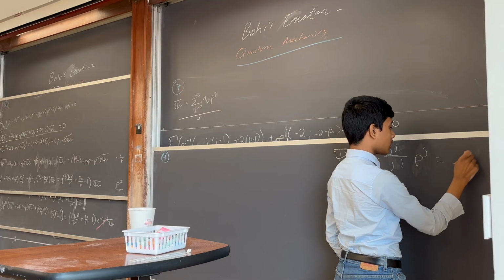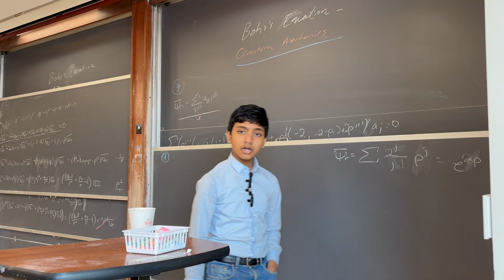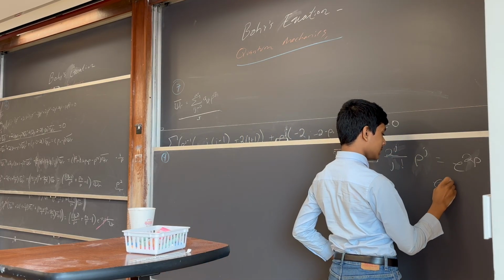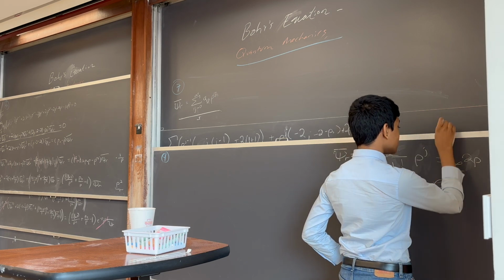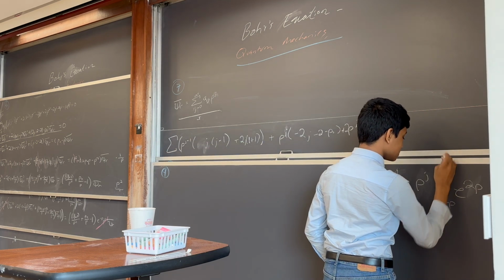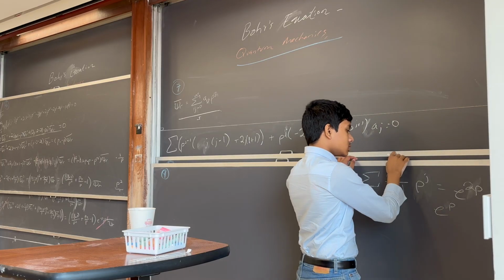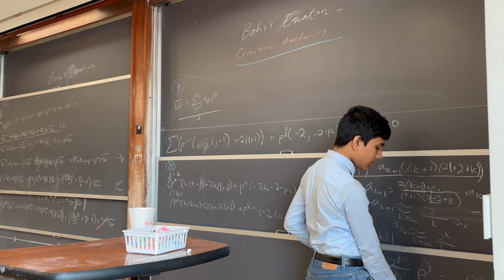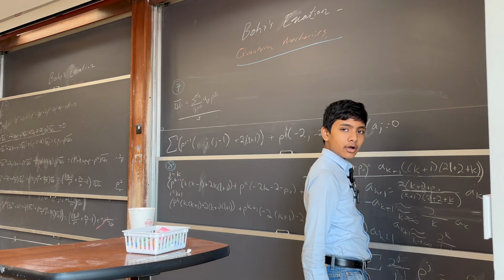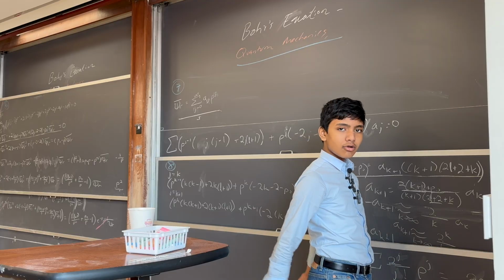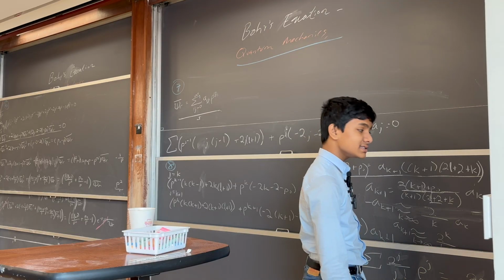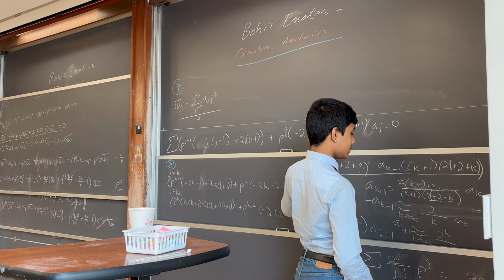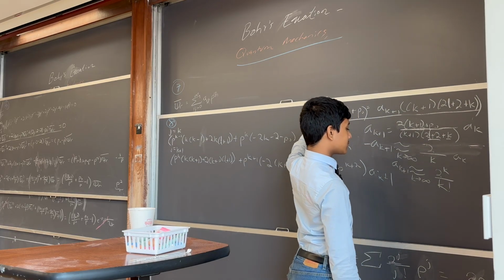Well, e to the 2 rho. And that is the kind of asymptotic behavior that we tried to avoid by multiplying this by e to the minus rho. So clearly, if this is approximately e to the 2 rho, then that means that psi r itself is approximately e to the rho. And we can't have that because it means that its integral over the real line doesn't converge by Born's statistical interpretation. So we keep getting non-normalizable functions.